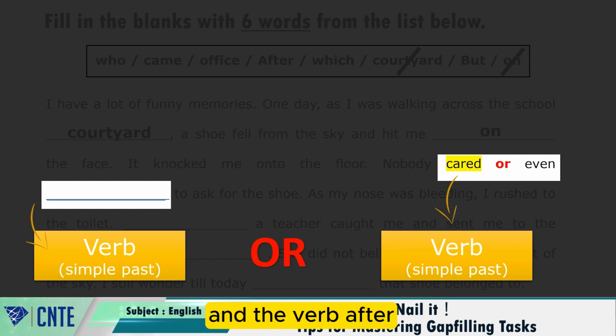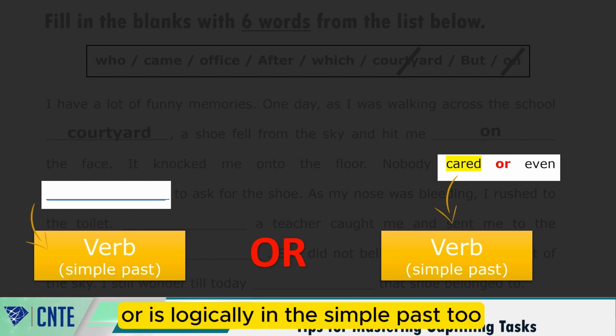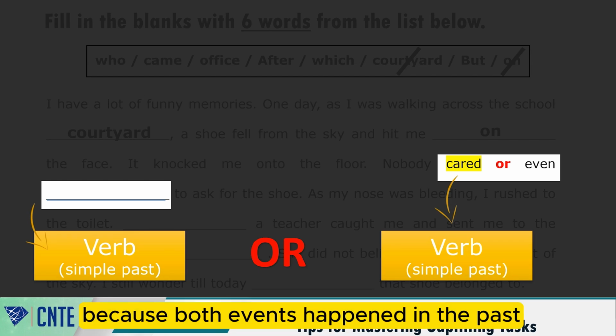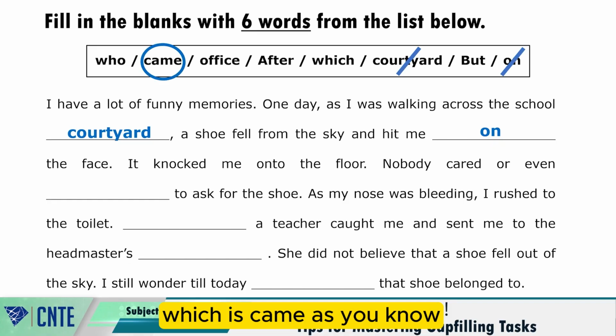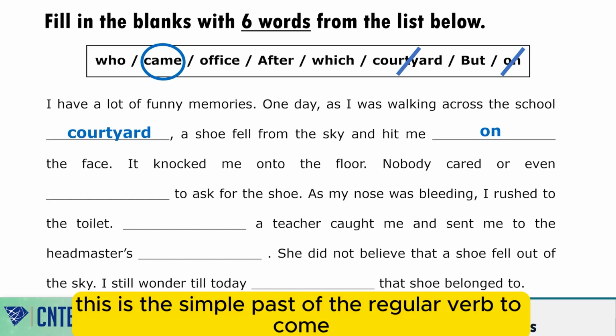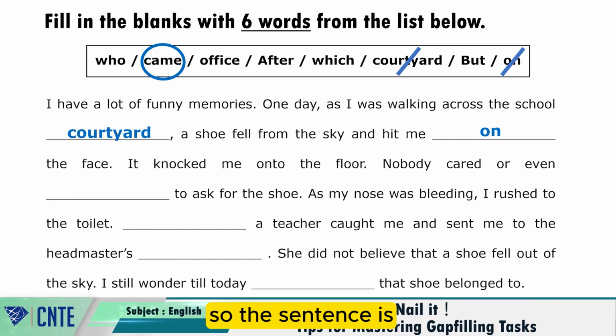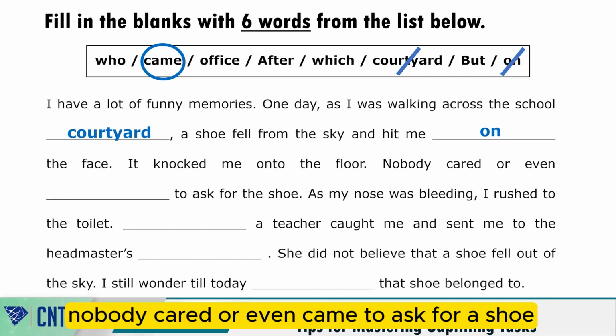And the verb after or is logically in the simple past too, because both events happened in the past. In the list, there is only one verb, which is came. As you know, this is the simple past of the irregular verb to come. So, the sentence is: nobody cared or even came to ask for the shoe.